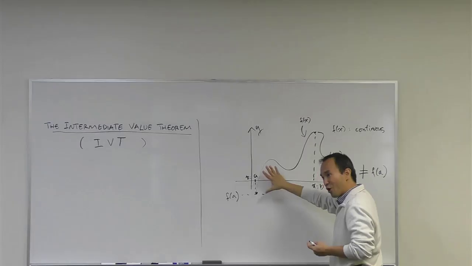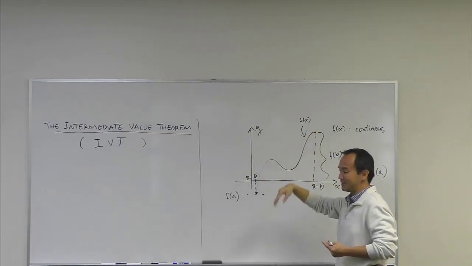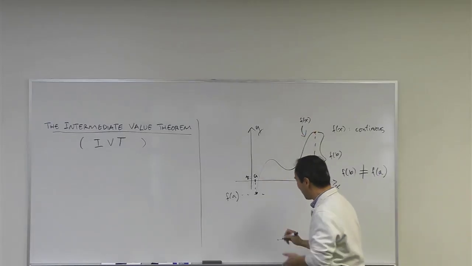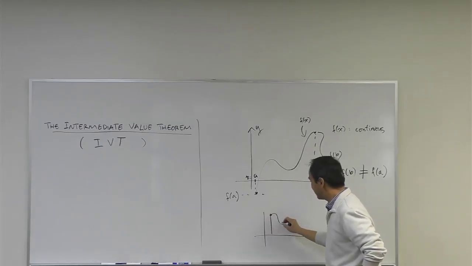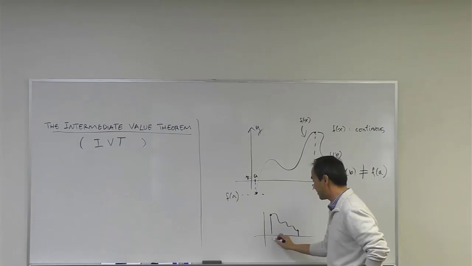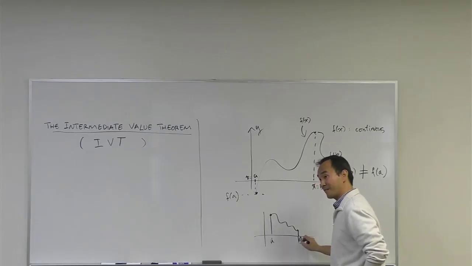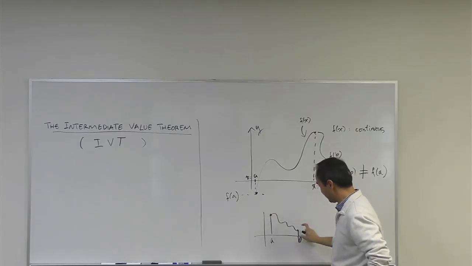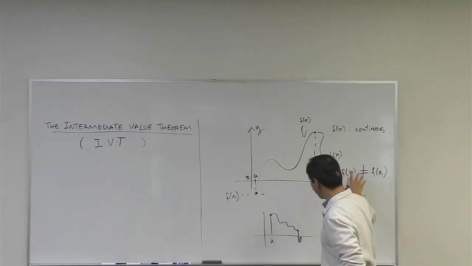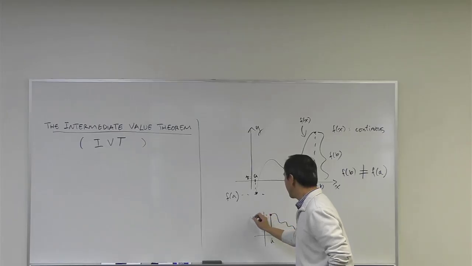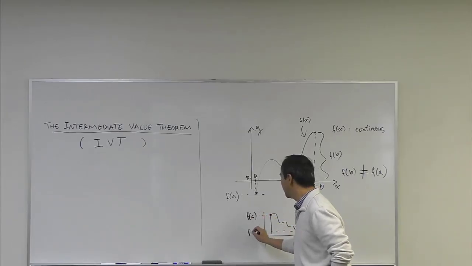Well, in the case I'm drawing right here, f of b is higher, but the point is just that it could be a different one. Say f of a is here, and then you draw your graph and f of b is here. But it still falls into what we're considering here, that f of a is different from f of b.